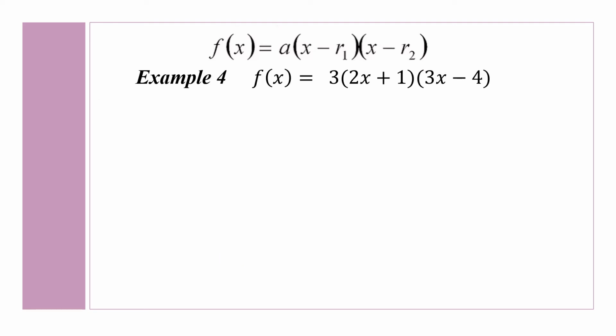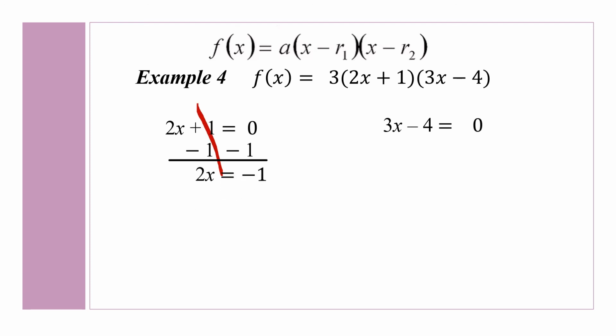In our next equation, we have f of x is equal to 3 times the quantity of 2x plus 1 times the quantity of 3x minus 4. So we still set both expressions equal to 0, solve for x. So when 2x plus 1 equals 0, subtract 1 from both sides. So therefore, you're going to cross out 0. That leaves me with 2x equals negative 1. Divide both sides by 2. X is equal to negative 1/2.